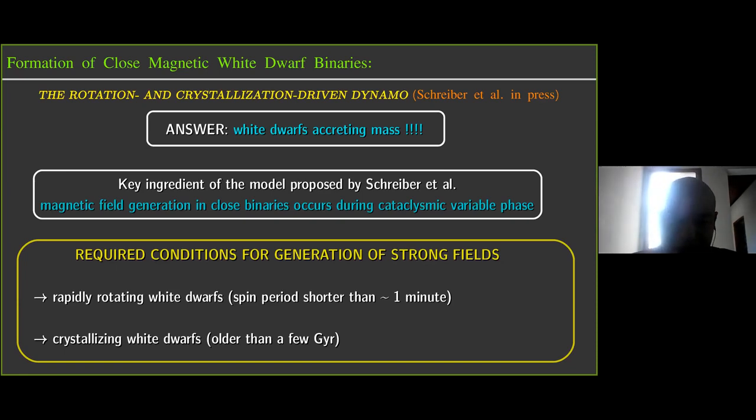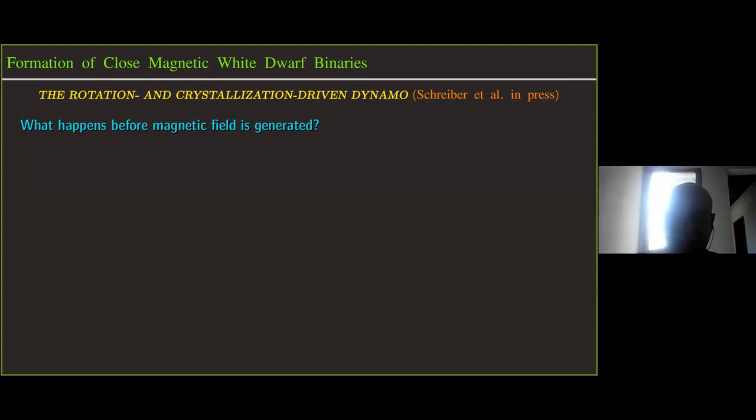By rapidly rotating, I mean spin periods of the order of 1 minute, even shorter. And a crystallizing white dwarf implies a white dwarf older than 1 to 3 gigayears. And so now I'll go into more details about this model, how we convert a non-magnetic binary to a magnetic binary.